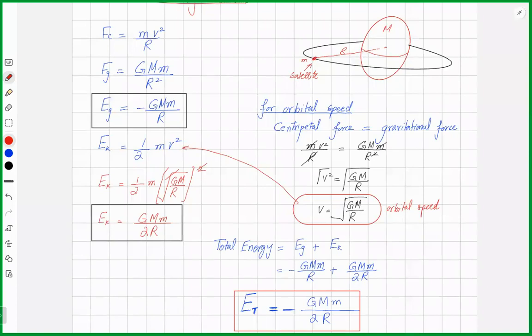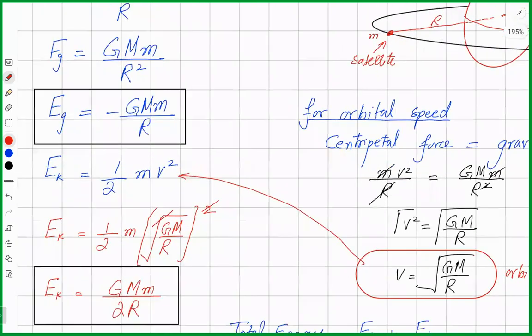The radius of the satellite got smaller, the radius of the satellite got bigger. How will it affect? Now, pay attention over here. Let's say that we are talking about radius increasing. Radius of the satellite increasing means satellite moving away from the surface of the central mass, in this case Earth.